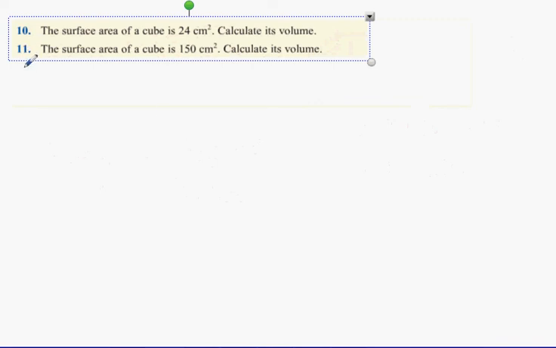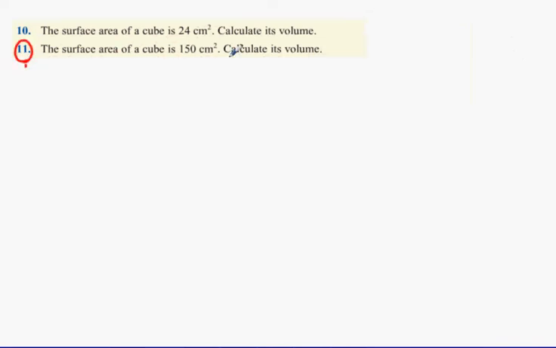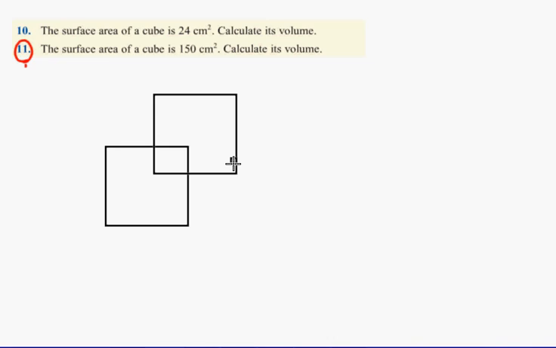Finally, the surface area of a cube. Can anybody tell me what the surface area of a cube is? What does that mean? What does that physically mean to somebody who doesn't know those words? It means if you were painting it, it'd be all the space that you paint.